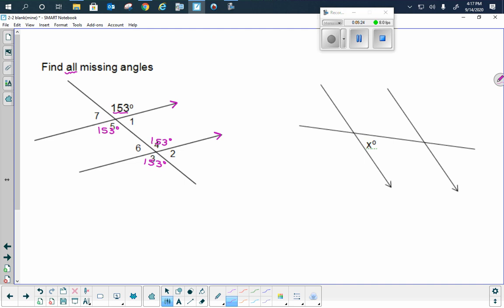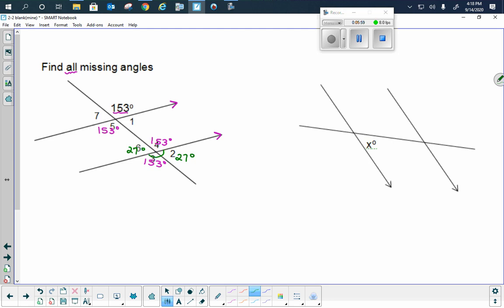Now, doing the other 4 that we don't have filled in yet, you should be thinking that any of these are supplementary. They add up to 180. So if you take 180 minus 153, that would tell you this angle 2 is 27 degrees. And then you can work yourself through the rest of the angles like we just did with the 153. So for instance, we could say angle 2 and 6 are vertical, and therefore this one would also equal 27 degrees.